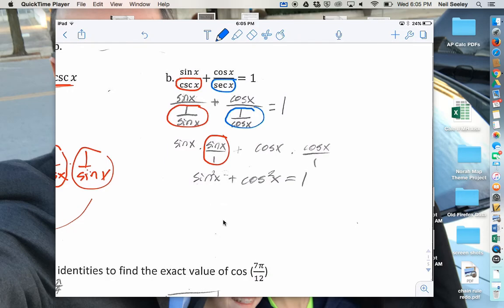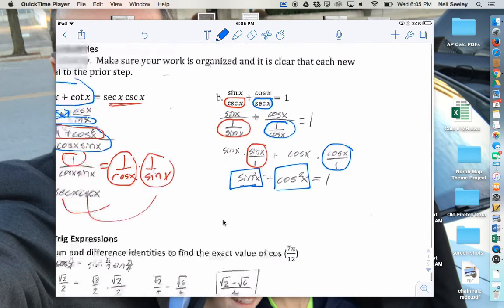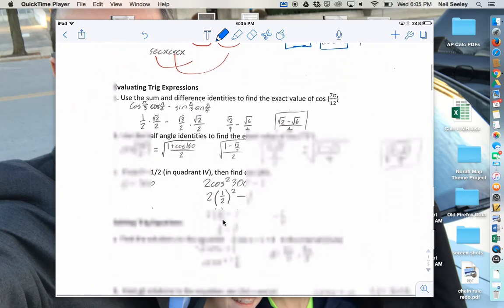But when you divide by a fraction, 1 over cosine, you actually want to multiply by the reciprocal, cosine over 1. So in the end, the sine times sine fractions, remember, numerator times numerator, denominator times denominator, so we get sine squared here, and cosine squared on the next one, and that is again the Pythagorean identity of 1. So those are the first two.